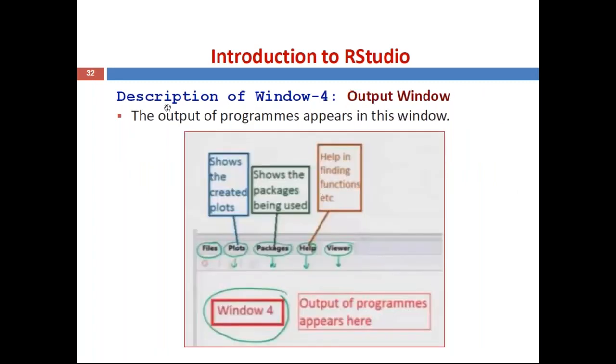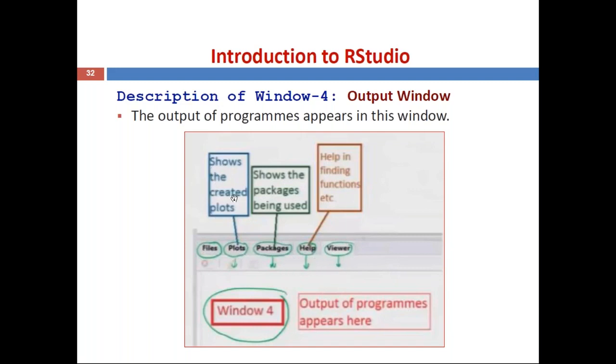Then coming to the last window, the description of window 4, the output window. The output of programs appears in this window. It has the following menus: first files, second plots, third packages, fourth help, fifth viewer.